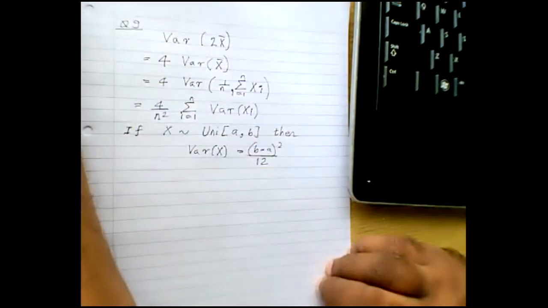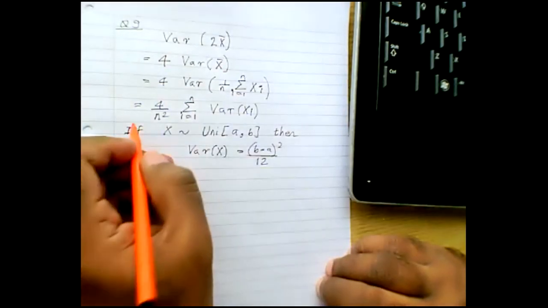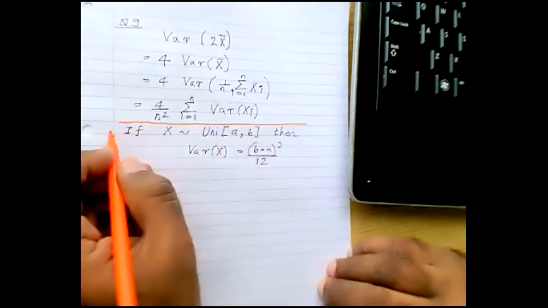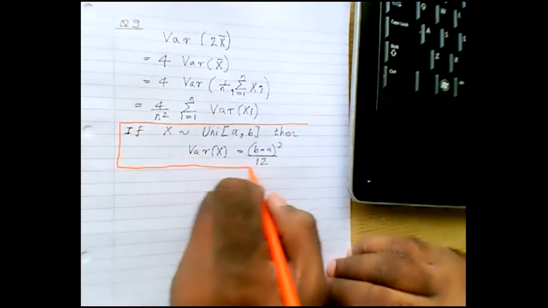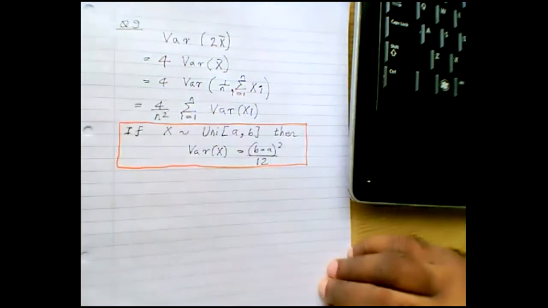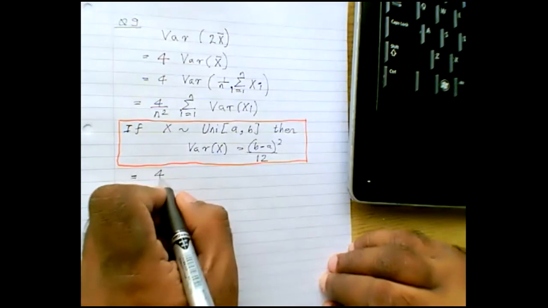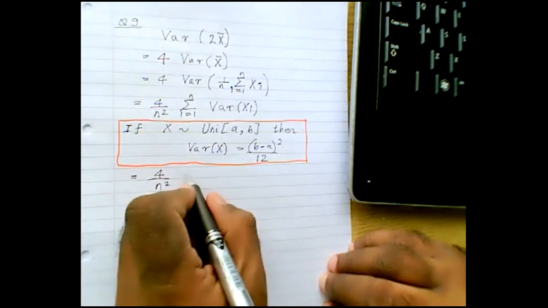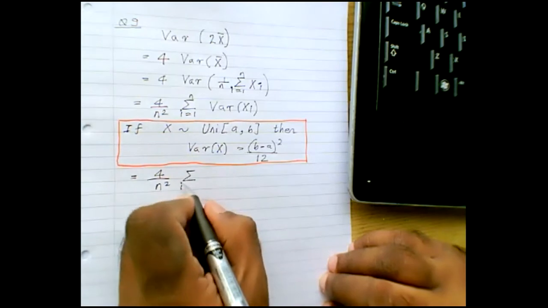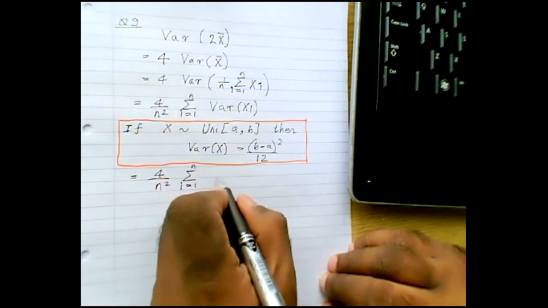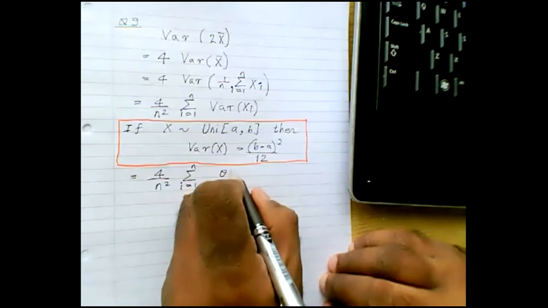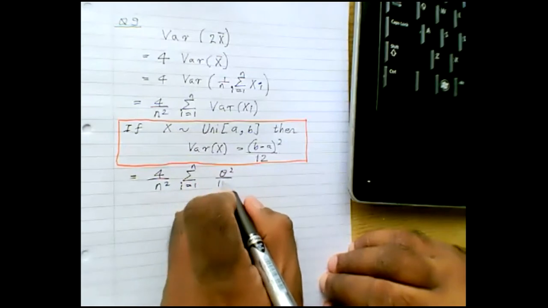I'm sure you know that. So let me put this in a box. This is a well-known result. Now using this result, you can write the above as 4 divided by n squared times the sum from 1 to n of theta squared divided by 12.